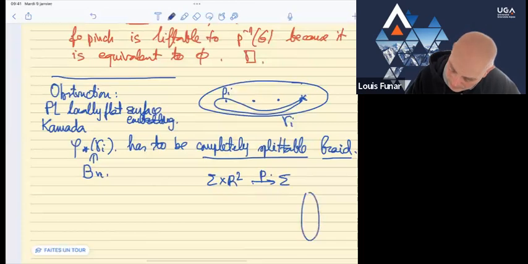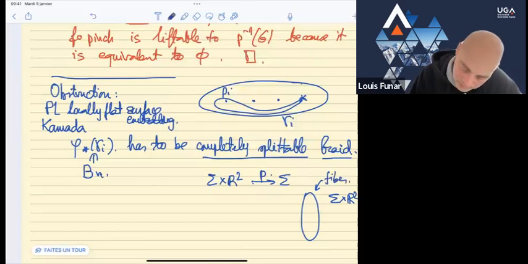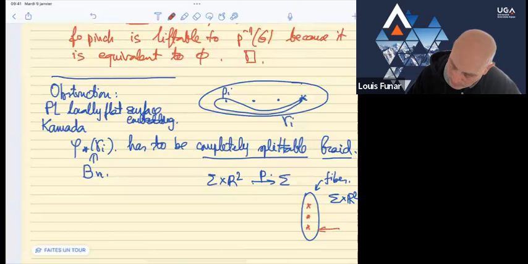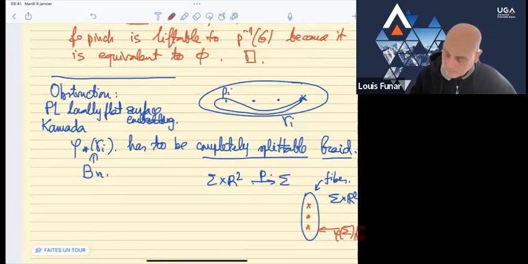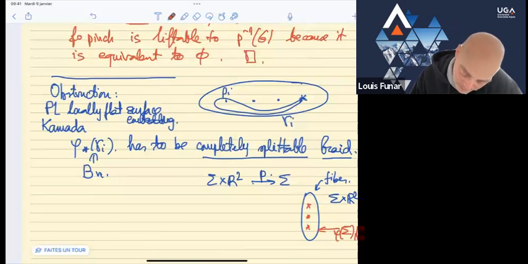So over, in sigma cross R2, this is a fiber, and the fiber corresponds to a number of points. These are the points, the intersection of the phi of sigma with the fiber R2. And I'm looking at the image of sigma, phi of sigma, and this is a braid, but this is a closed braid.